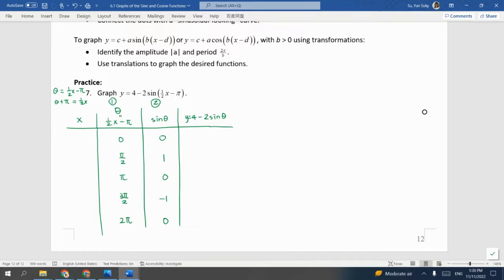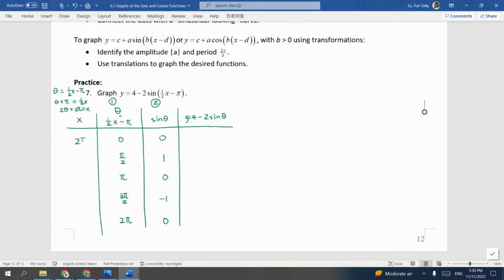So we have x is 2 theta plus 2 pi. That's the x. All right. When we plug in theta is 0, what's x? 2 pi, exactly.